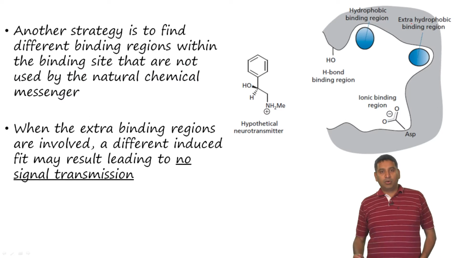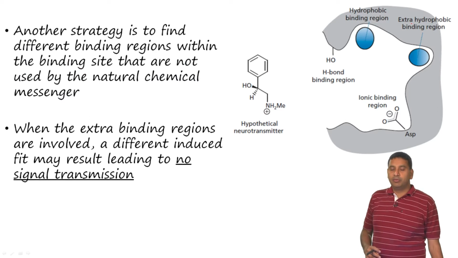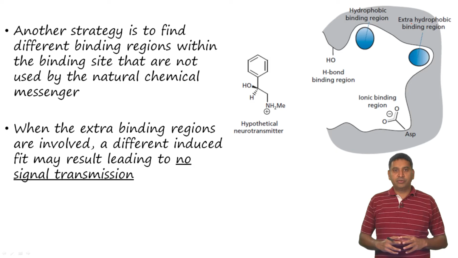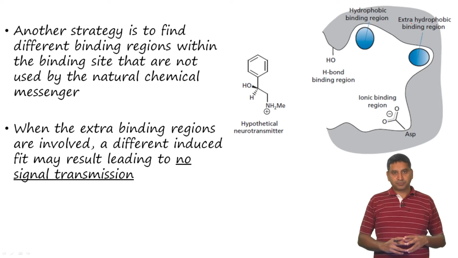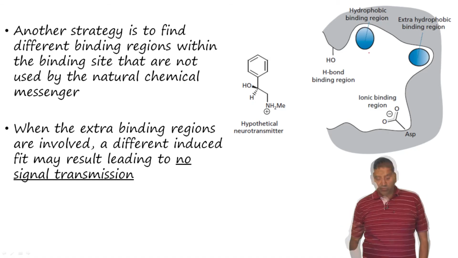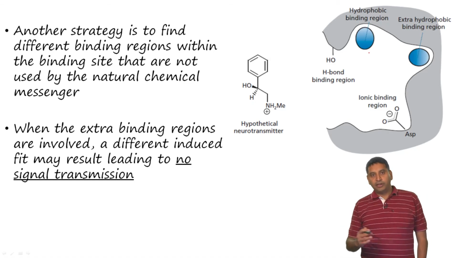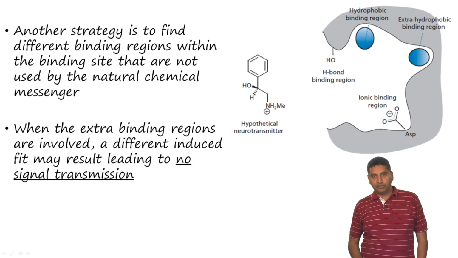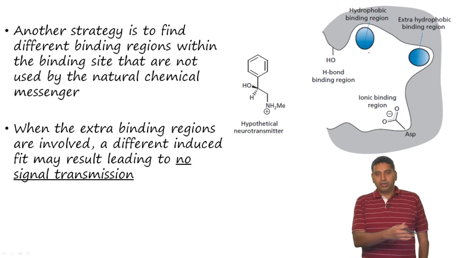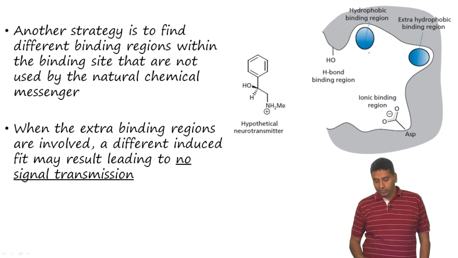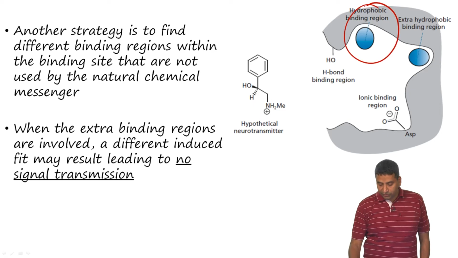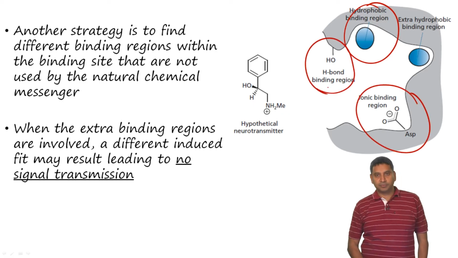One more strategy is to use binding regions which are not used by the natural chemical messenger. Another strategy is to find different binding regions within the binding site that are not used by the chemical messenger. Recall in our previous hypothetical receptor, there was a hydrophobic binding region, an ionic binding region and a hydrogen bonding region.